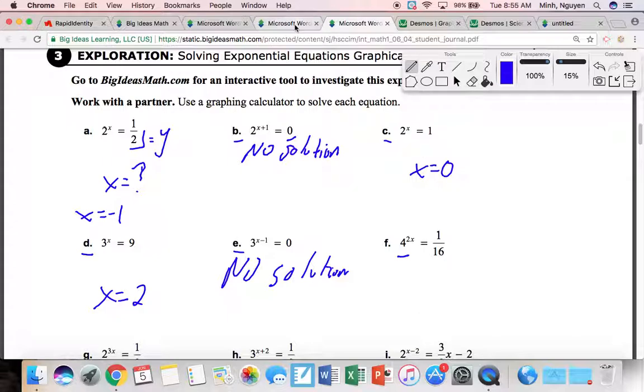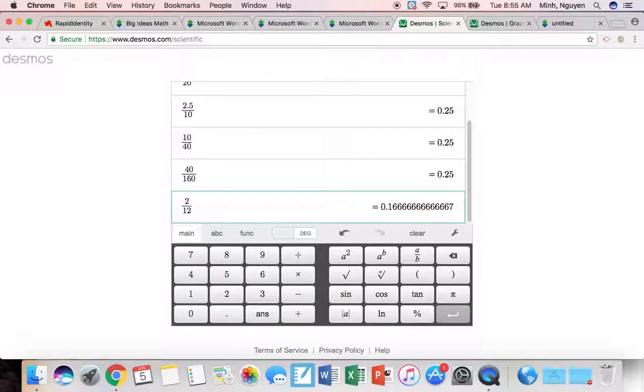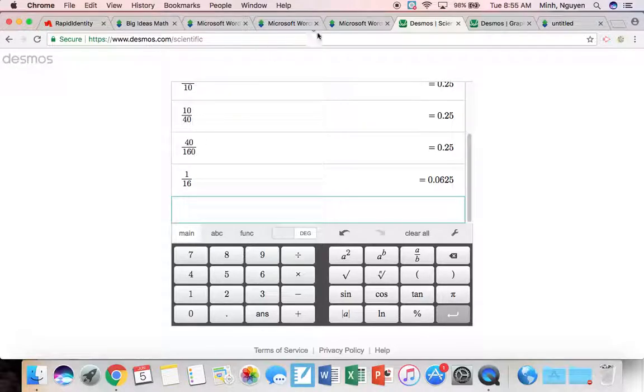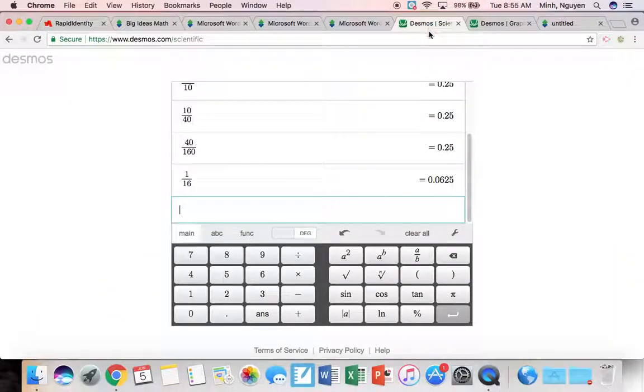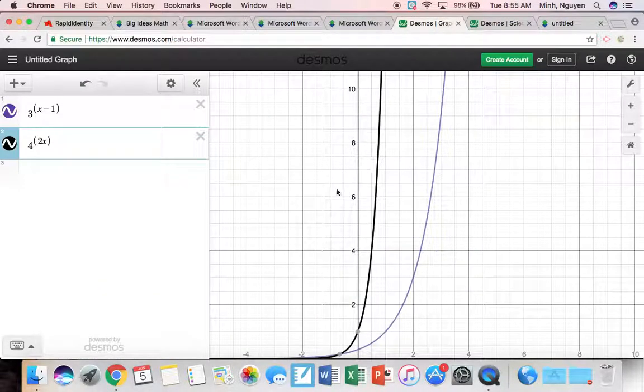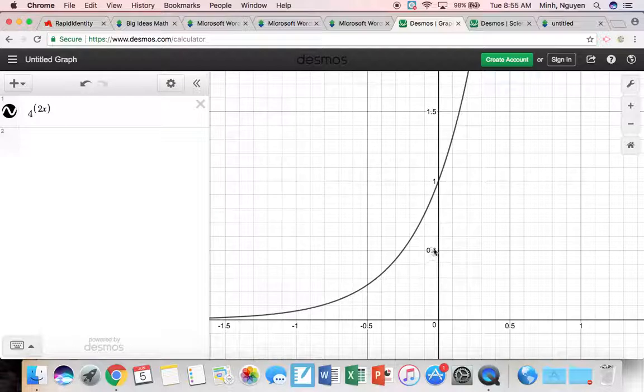How annoying. 4 to the 2x equals 1/16. So let's figure out what this is as a decimal first. 1 divided by 16. So we're looking for 0.0625. Where is that? Here. And I can actually erase this one. If this is 0.5, this is 0.06, might be around here.